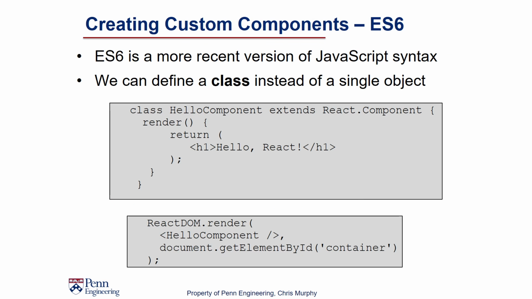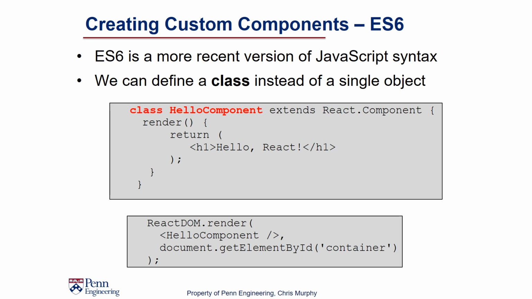Another way of creating React components is using the notation from a version of JavaScript known as ES6. We'll see ES6 a little bit later this week, but for now, suffice it to say that ES6 is a more recent version of JavaScript and allows us to create a class instead of a single object. This is the notation or the syntax that I'll use the rest of this week when creating React components.